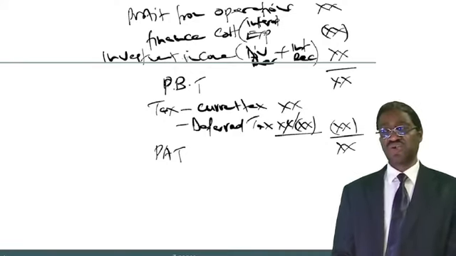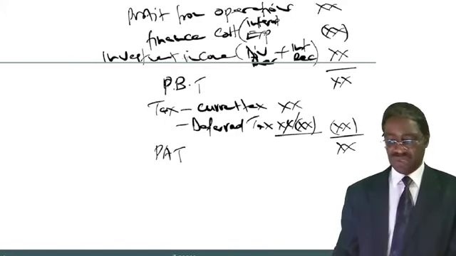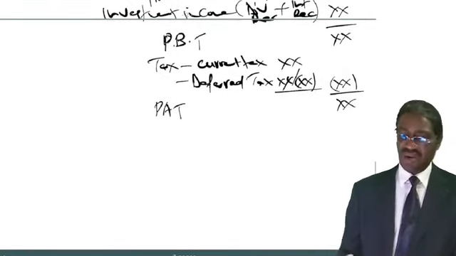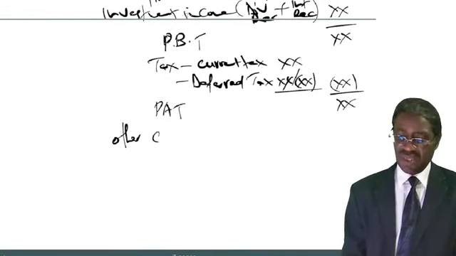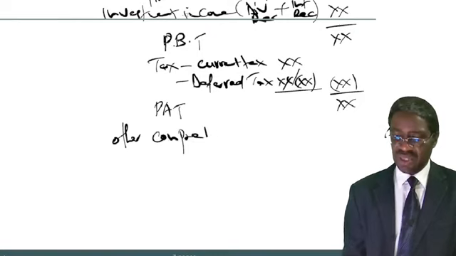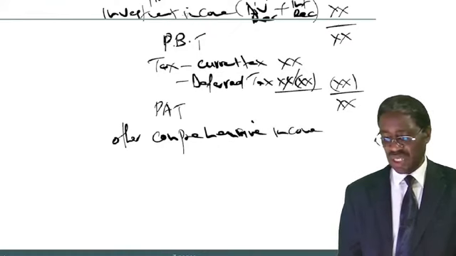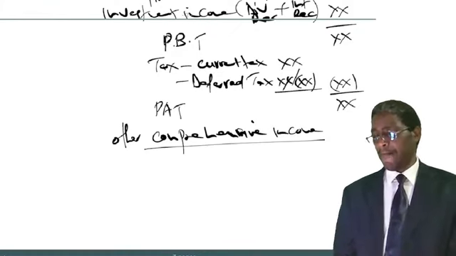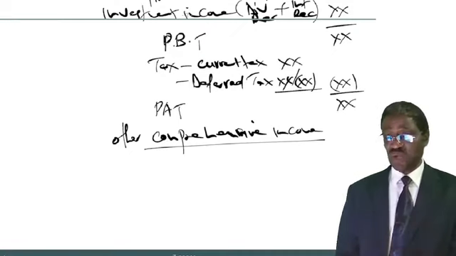Now we want to go to the other comprehensive incomes. Good. Let's now come to other comprehensive income. We have said, we have given 2 examples.